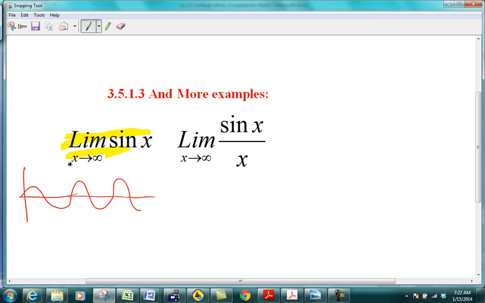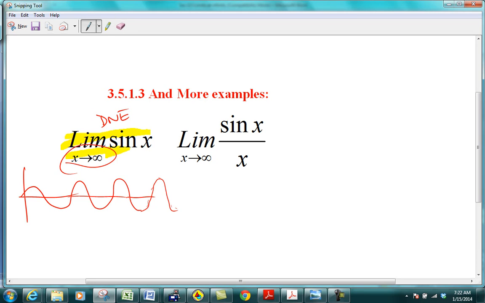And you can see that as x approaches infinity, the graph is just going to oscillate, because since I don't know infinity, I don't know where this graph is going to, what it's going to do. It's not like it's settling down to any number, okay? It's just oscillating. So this one here is d and e. The limit does not exist. Okay.